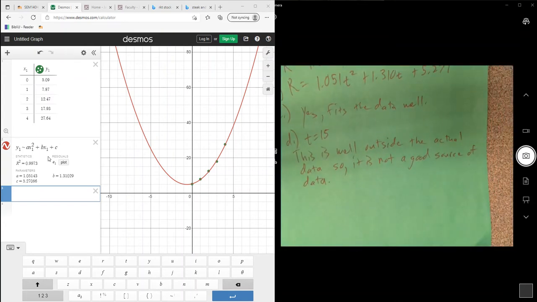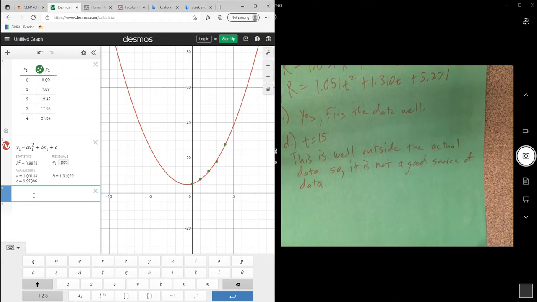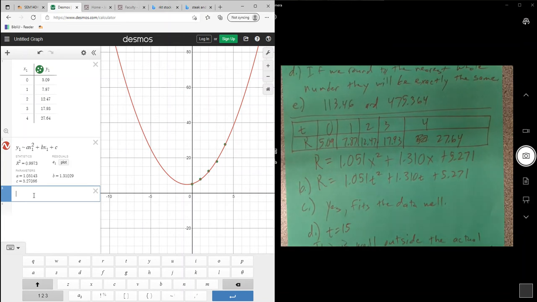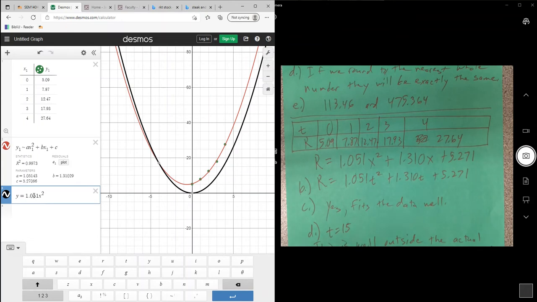Now, personally, I would rather just type in the equation here, this equation here. I would type in the y equals 1.051 x squared plus 1.310x plus 5.271.